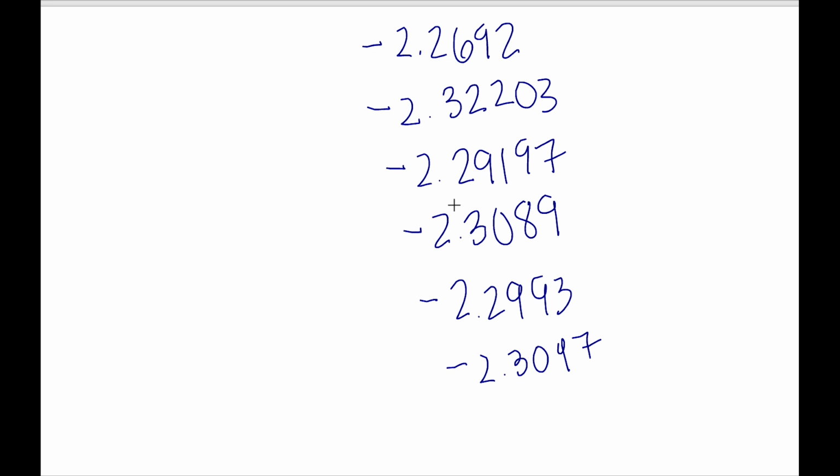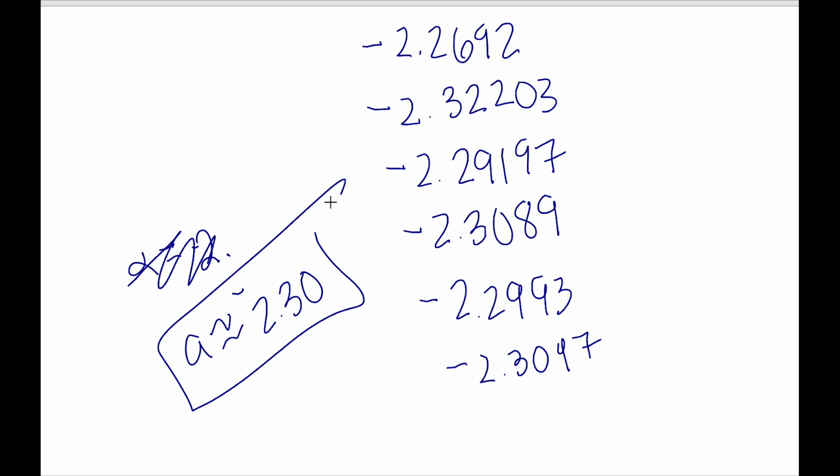Okay, so 2 decimal places. I have negative 2.30. These all round to that. So that's my approximate. Approximate alpha is negative 2.30.